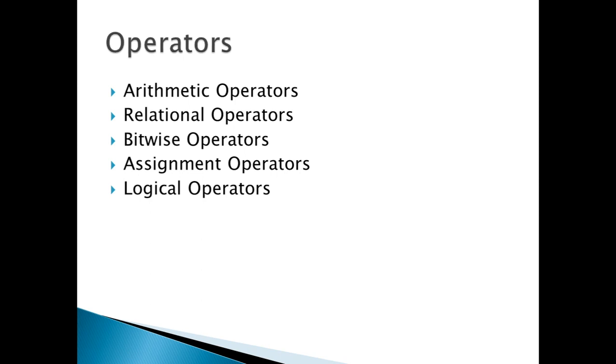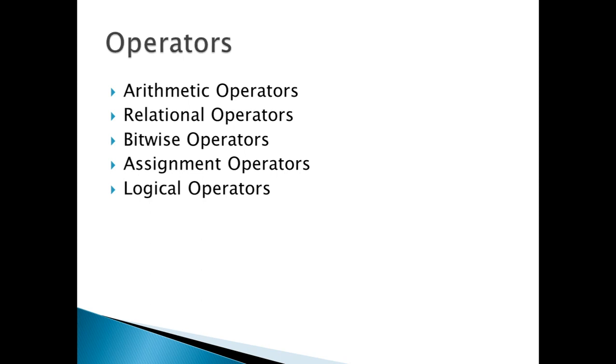A relational operator is for when you want to compare two values, like greater than, less than, greater than or equal to. Those are all relational operators. Bitwise operators go into the Boolean values, the zeros and ones.